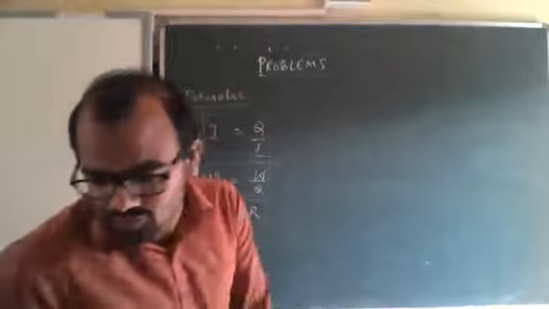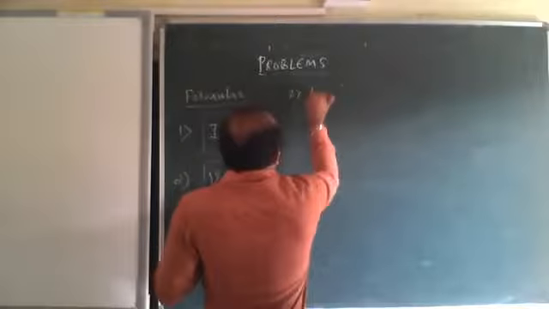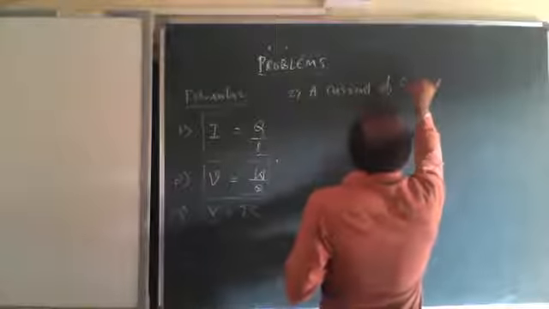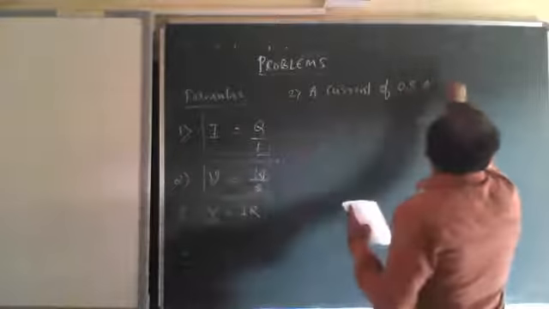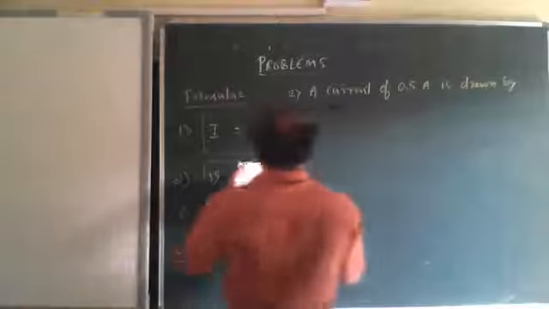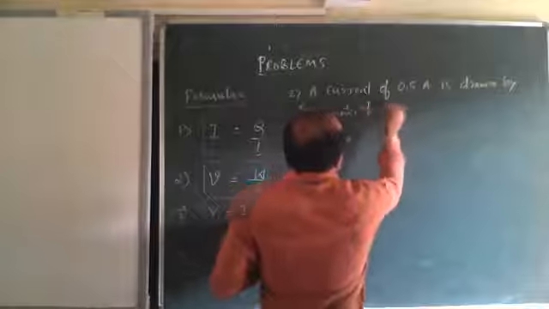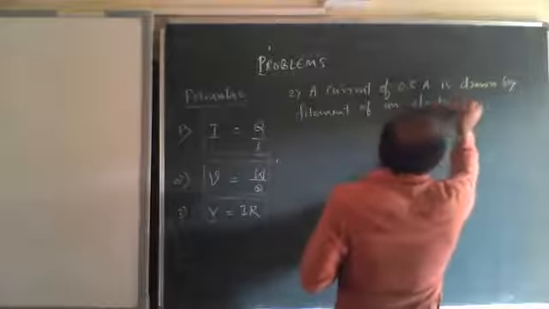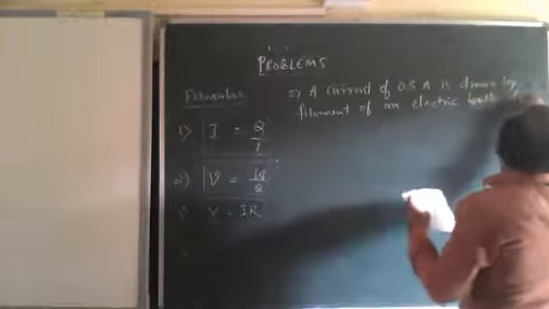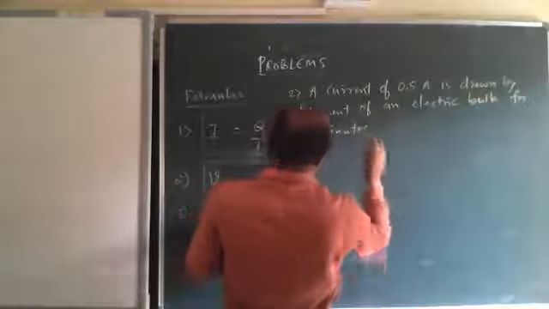I will write down the second question. See the second question. A current of 0.5 ampere is drawn by the filament of an electric bulb for 10 minutes.